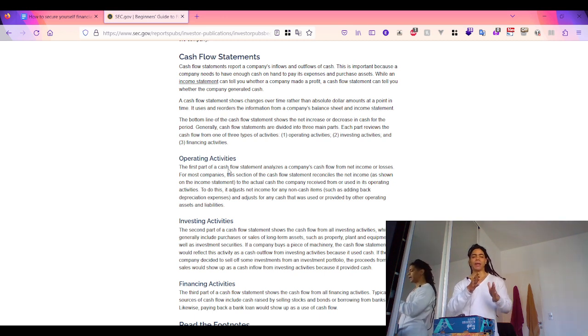Then I also look at short-term borrowings, especially for a company that needs to meet its financial or cash flow needs. They ask for and promise to repay these loans within a year or less.